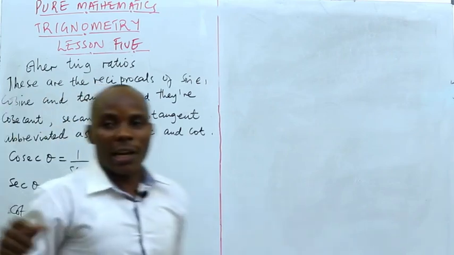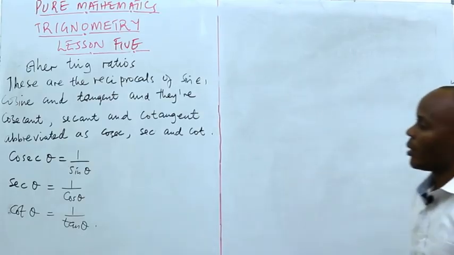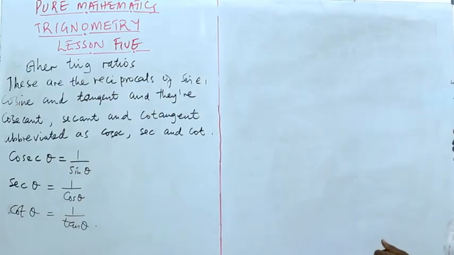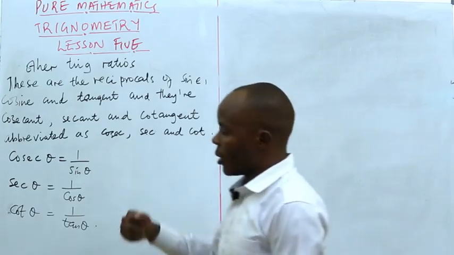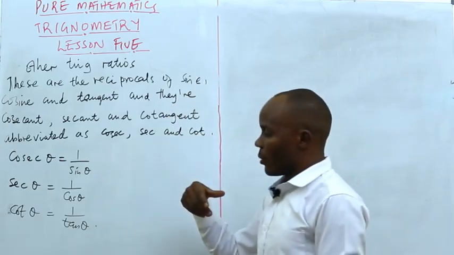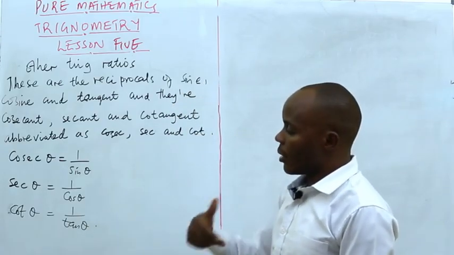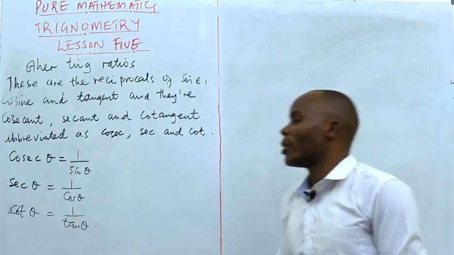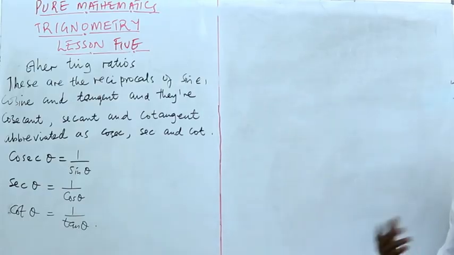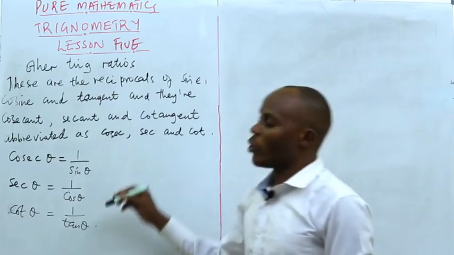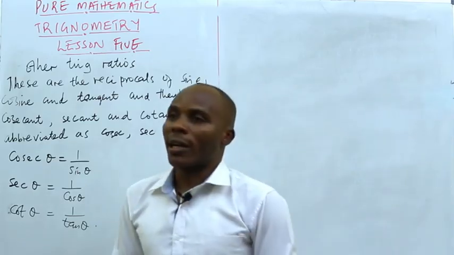So these are other trig ratios that we do have. It is cosec, sec, and the cot of those other angles that I've said. They are the reciprocals.